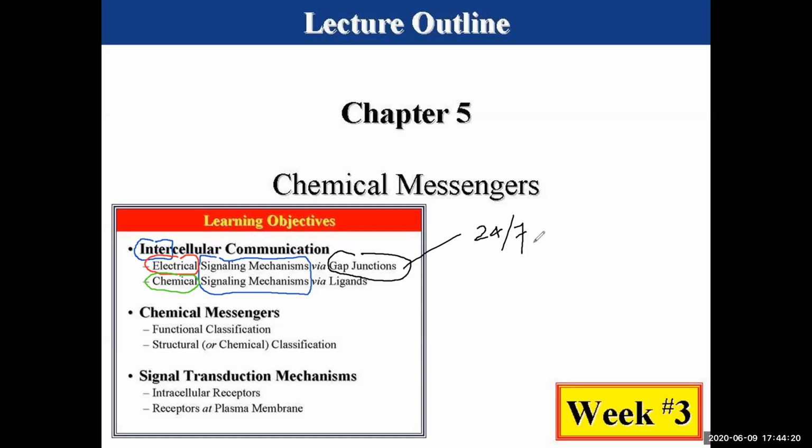We call those 24/7 openings, passageways, tunnels, gap junctions. We're going to revisit the gap junctions and their importance for electrical signaling mechanisms. So those are the two types of signaling mechanisms: using an electrical signal or using a chemical signal.